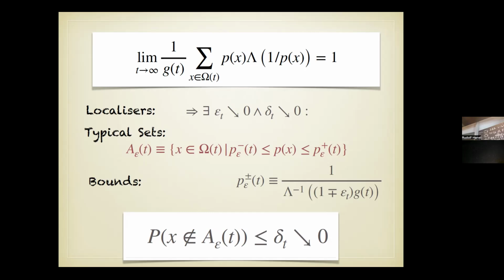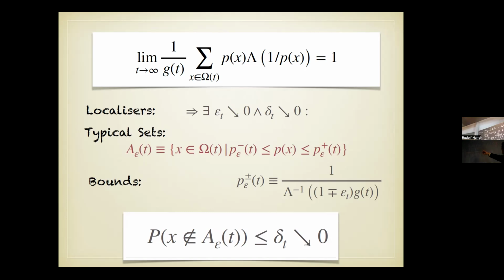And then we take the inverse function of lambda, and I do it in one step and divide by 1 over p, then we have this.